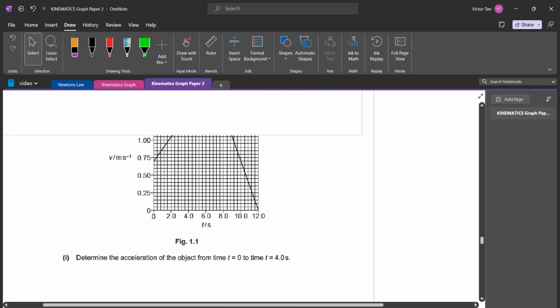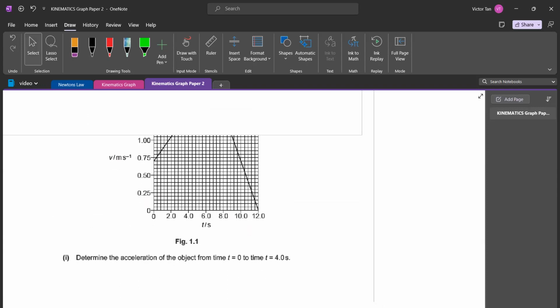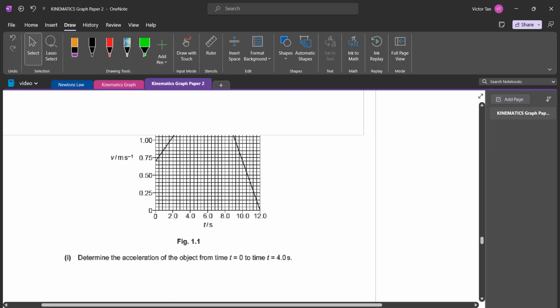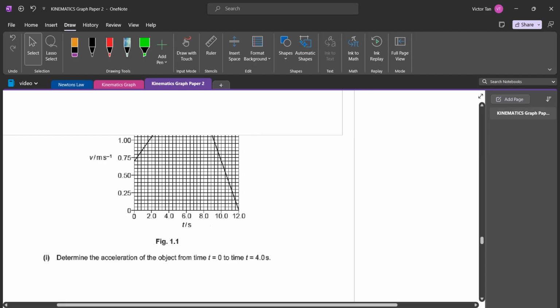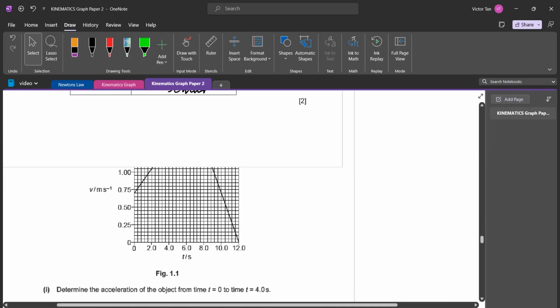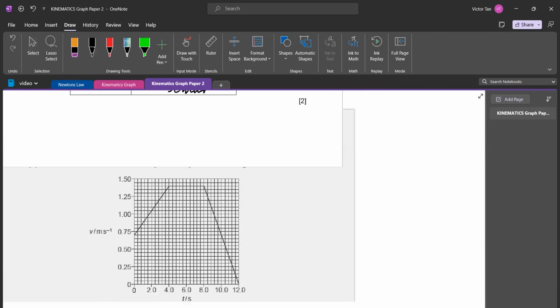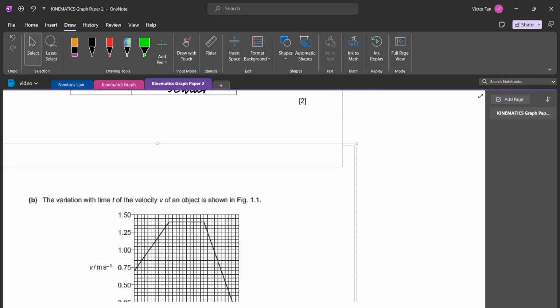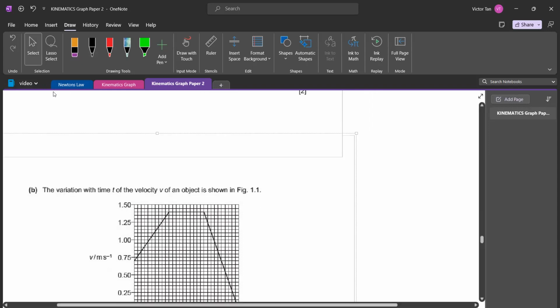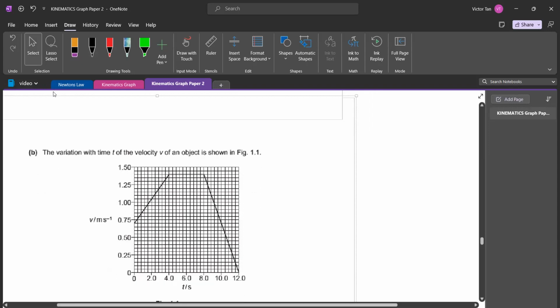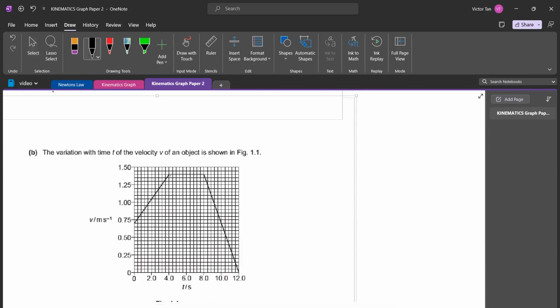Determine the acceleration of the object from time t equals 0 to time t equals 4 seconds. So t equals 0 to t equals 4 seconds. We have the gradient here.